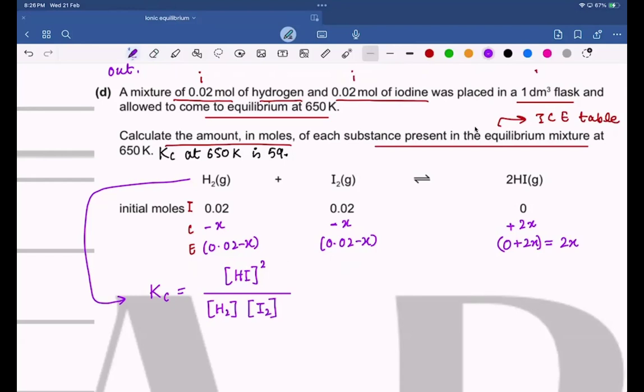Okay, now I'm going to put in the values. The Kc value at 650 Kelvin is 59. So 59 is equal to (2x) squared upon (0.02 minus x) and (0.02 minus x).